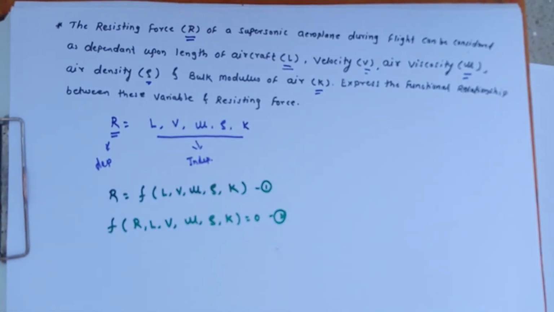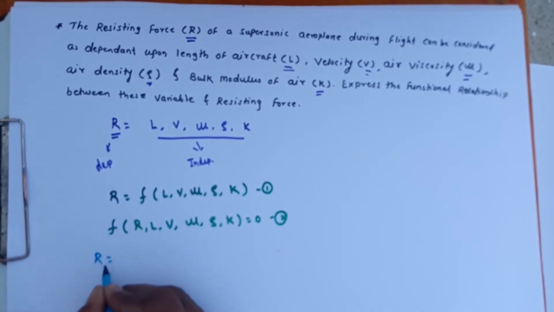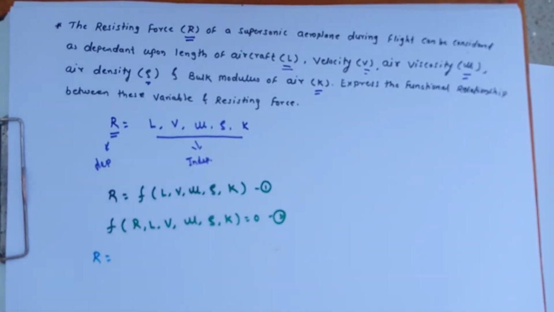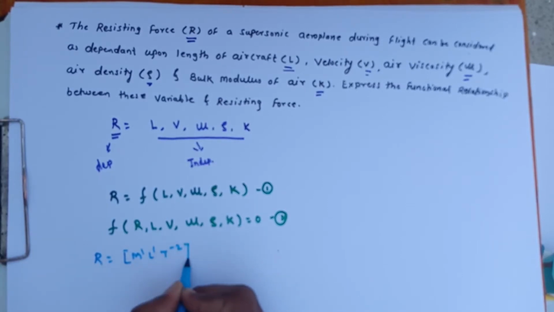Now we know the fundamental dimensions of each and every term. The first one is the resistive force, called R. Force has the unit Newton, so the fundamental dimensions of resistive force are M raised to 1, L raised to 1, T raised to minus 2.